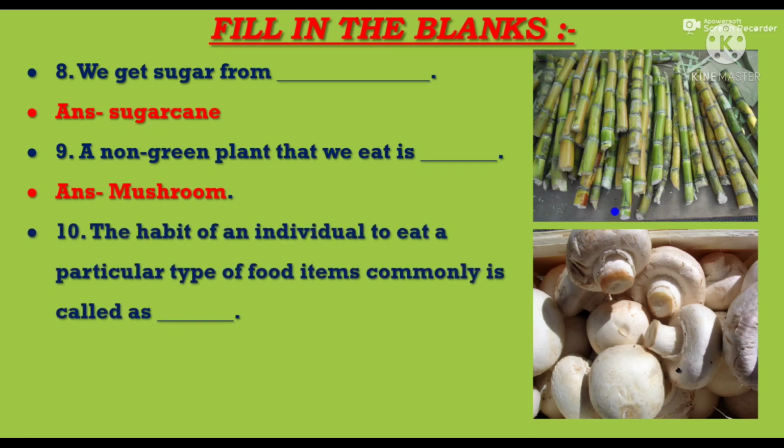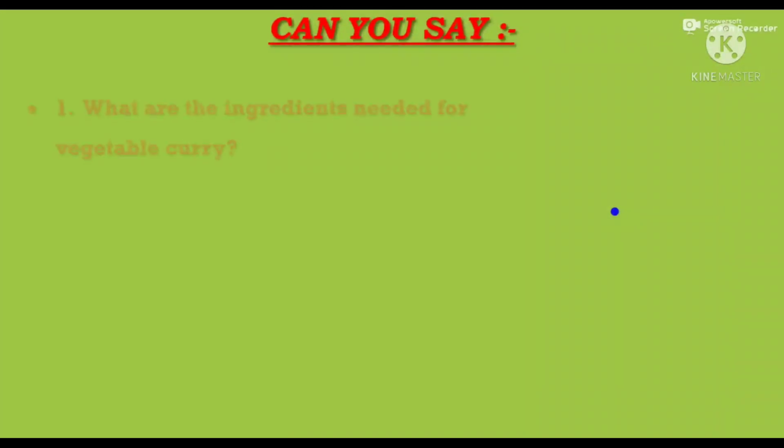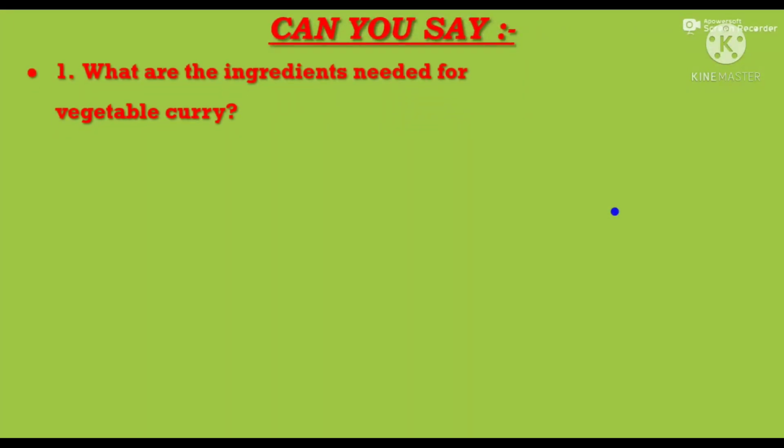Next, the habit of an individual to eat a particular type of food items commonly is called food habit, and different animals have different food habits. Next, can you say what are the ingredients needed for vegetable curry?